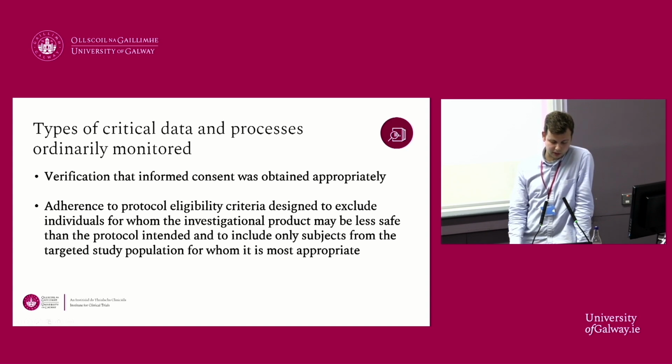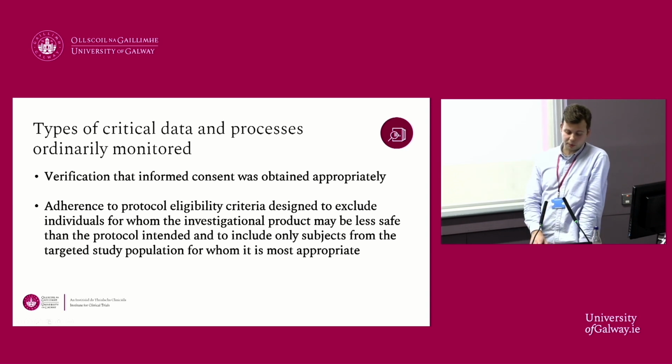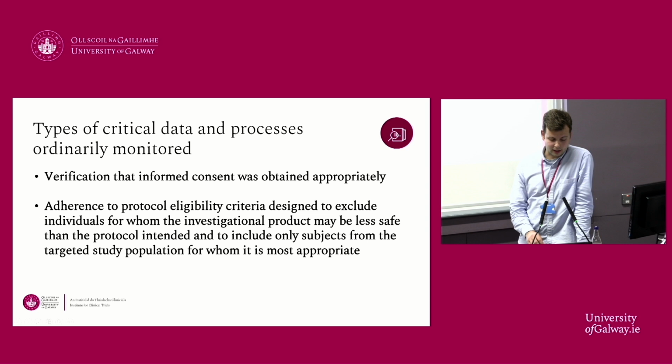Adherence to protocol eligibility criteria, to make sure that individuals for whom the investigational product may be less safe than the protocol intended are excluded, and to include only subjects from the targeted study population for whom it is most appropriate. So that this study population will represent what we seek from the clinical trial, from the future result.